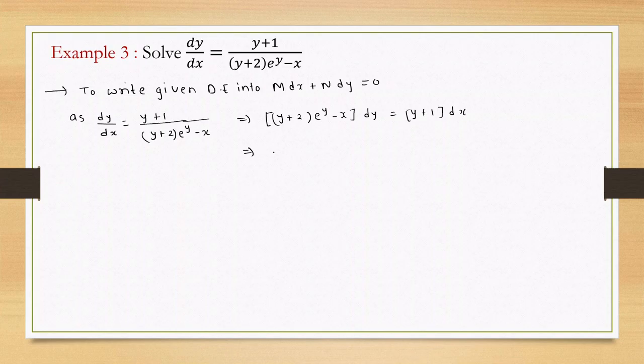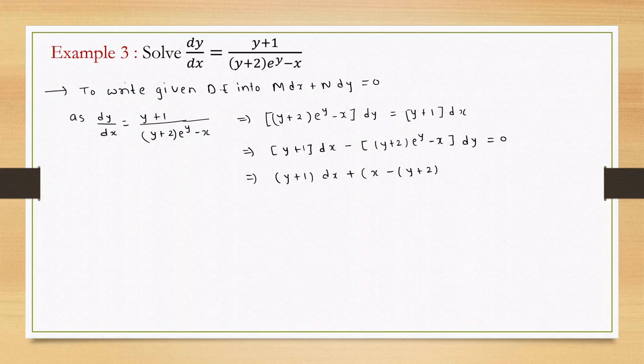So this implies (y plus 1) dx minus (y plus 2) e raised to y minus x dy is equal to 0. If we multiply this minus sign inside, then it is (y plus 1) dx plus (x minus (y plus 2) e raised to y) dy is equal to 0.